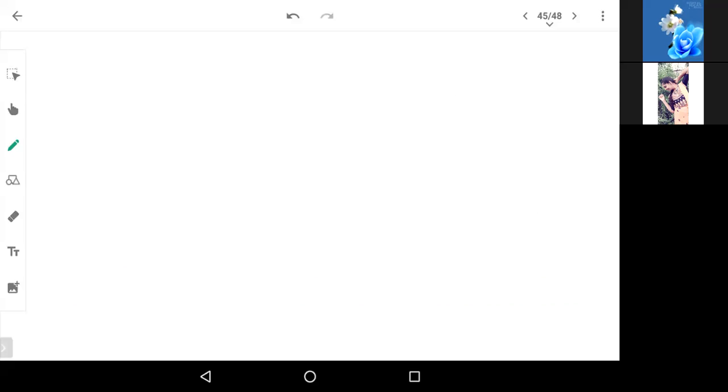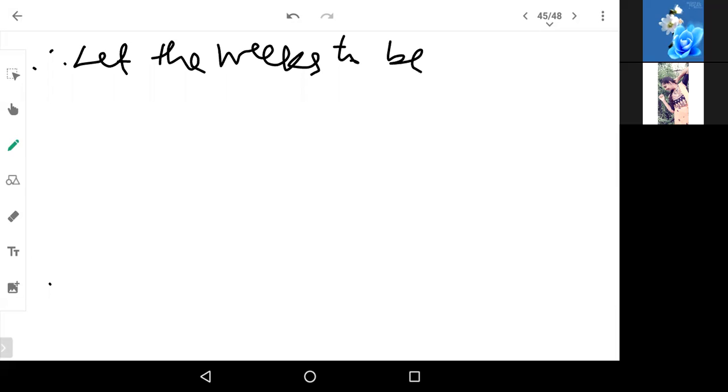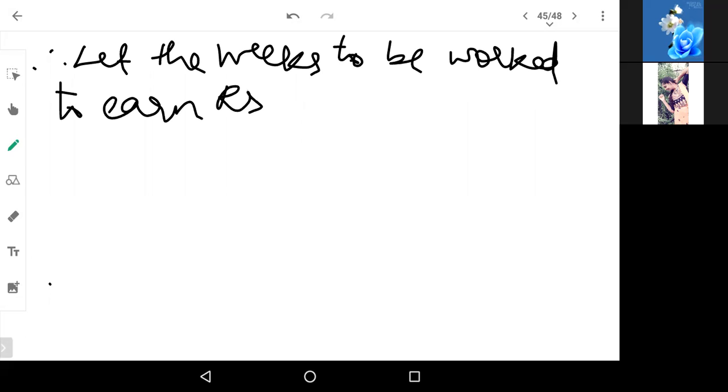Therefore, let the weeks to be worked to earn rupees 9,000 be X. We don't know the number of weeks, but we know the wages.